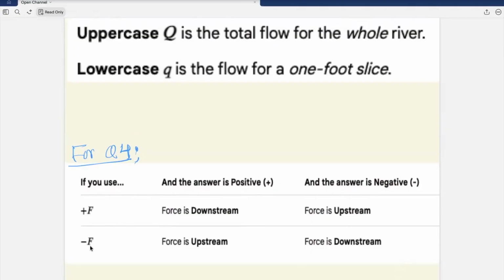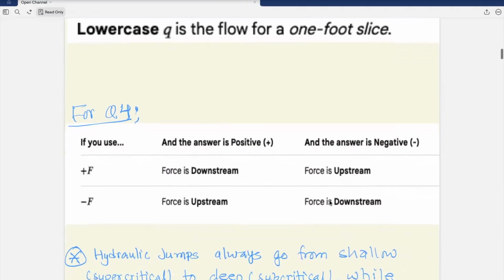Similarly, if you use a negative sign for force and you get a positive answer, then the force is upstream, and if you get a negative answer, then the force is downstream.